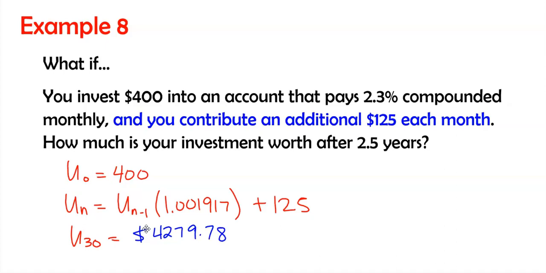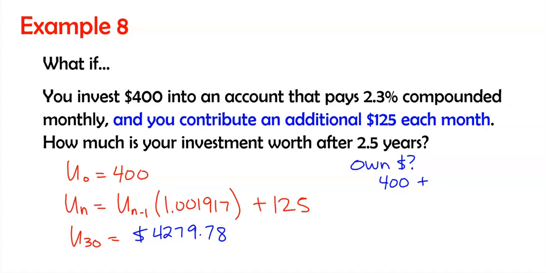All right, one quick thing I want to add to this, because this comes up in your project and it's something that people struggle with sometimes. If you wanted to know how much you actually put in of your own money, I'm going to add here "own money." Okay, what did we do? Well, we started with $400 and then we kept adding $125 for 30 months, right?